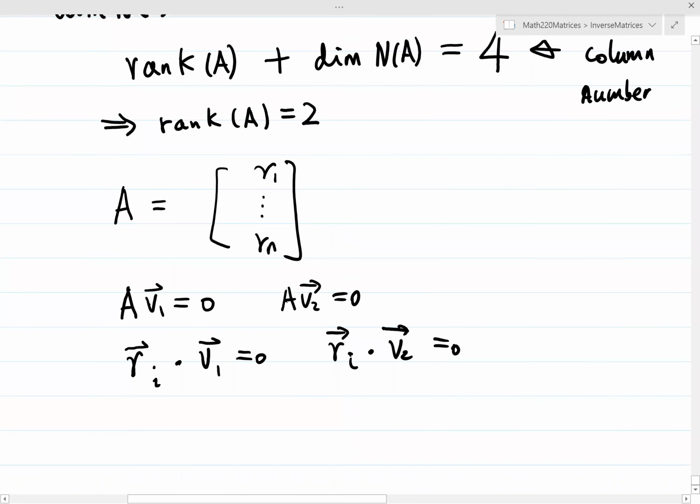Because A has 4 columns, any row vector should have 4 components.